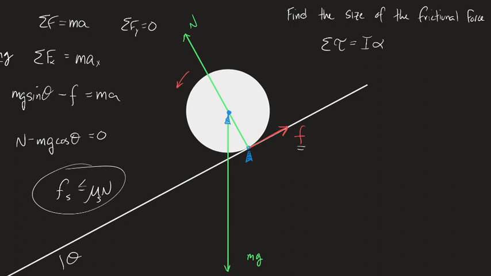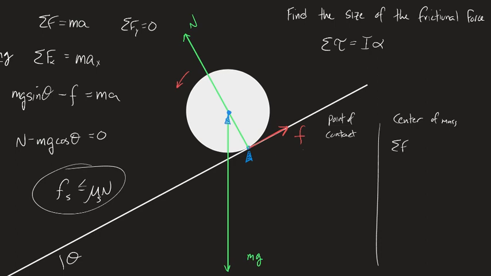So we're going to split this. We're going to do both problems. We're going to do it center of mass, and we're going to do it again, point of contact. Because it only takes a second to do both of them.